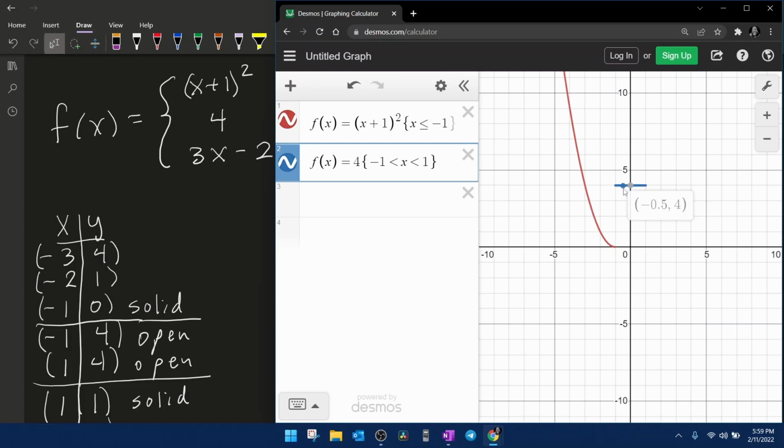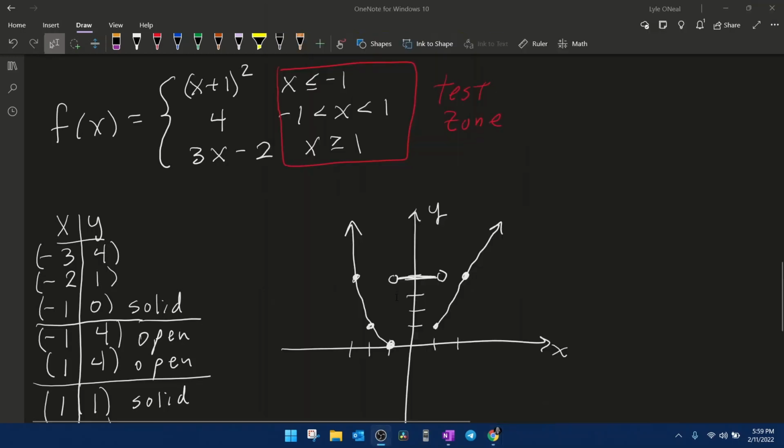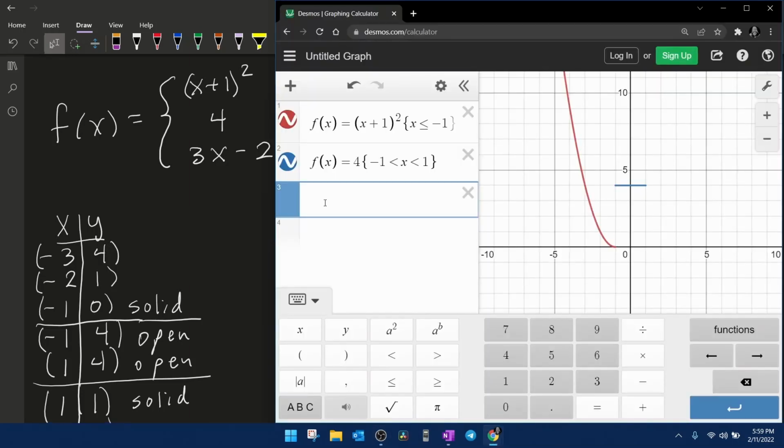And if I blow that up again, you're going to see here that we have our constant piece. Not only that, if you click on that section and hold it and drag over, you're going to see that it does indeed show that those endpoints should be open circles, just like we had on our graph. And to check the last piece of the function, we're going to input f of x equals 3x minus 2.